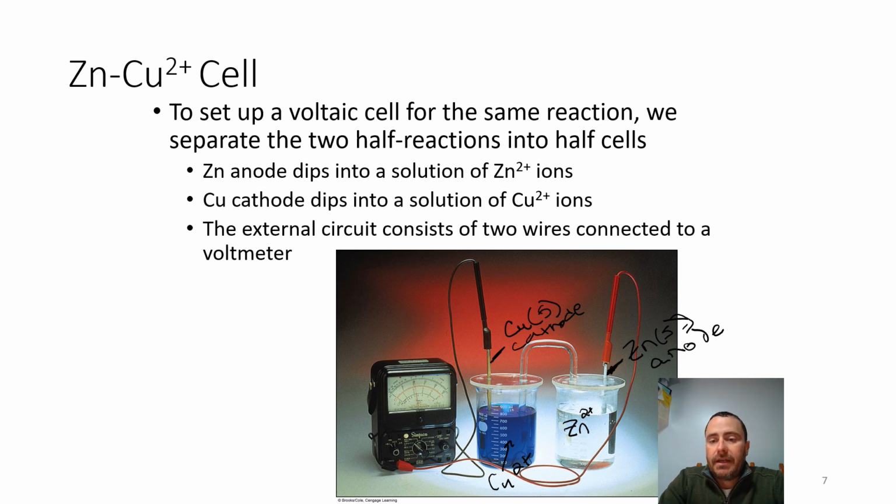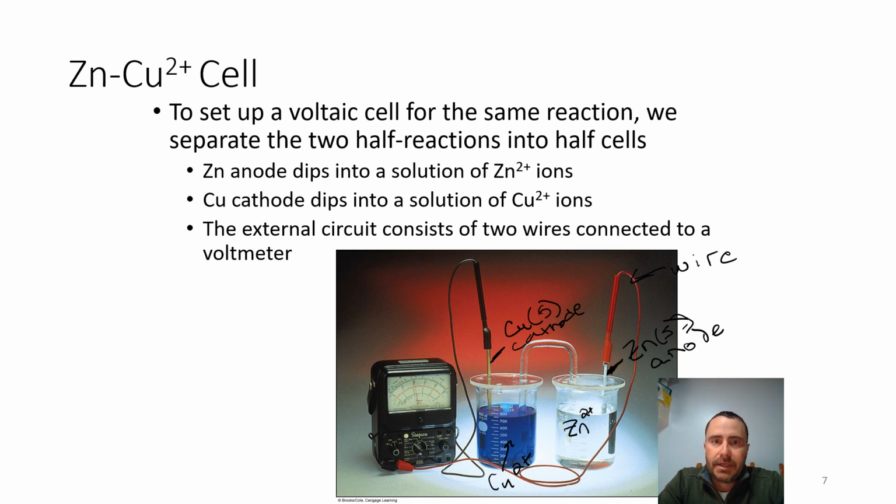And then we've got our external circuit, which is a wire. Notice that it's hooked up to this voltmeter over here so we can read the voltage. And the voltage is just like the driving force for electrons to move.